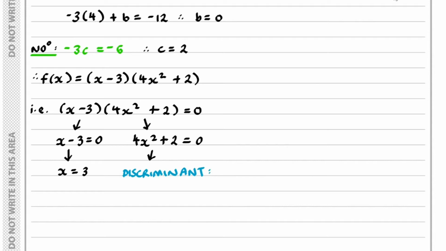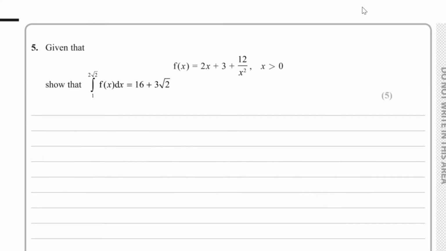The discriminant will equal 0 squared minus 4 times by 4 multiplied by 2, which is negative 32, and as this is less than 0, we can therefore conclude from here x equals 3 is the only solution.